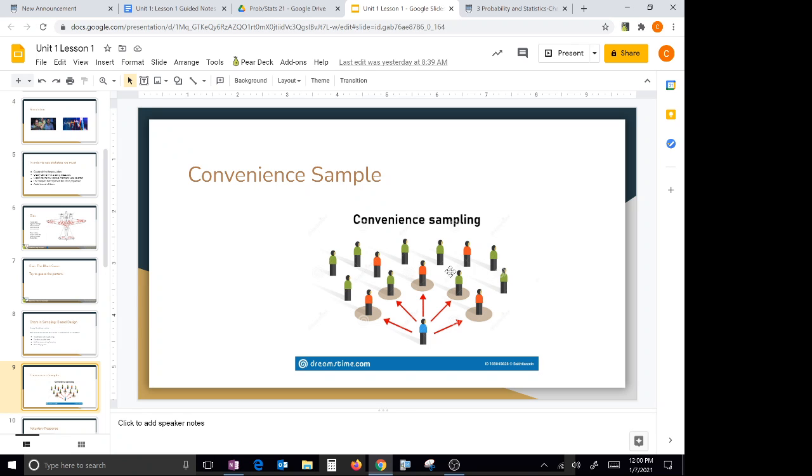And it causes problems because you're going to get a bias, because depending on what time of day you sample, you're going to get different types of people who are not in your survey or in your observation. You're only going to get information about these people who are close to you, and you're not going to get any information about people who are not in this close-knit group. So that's another form of bias.